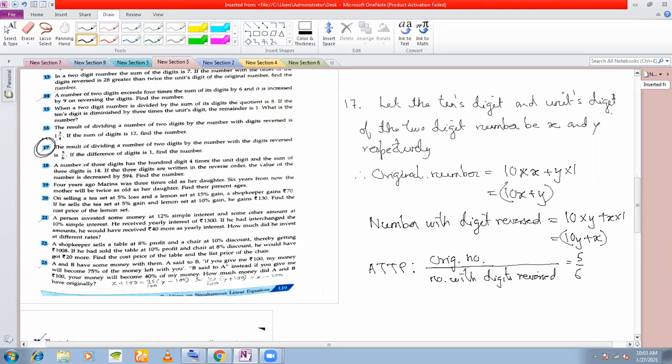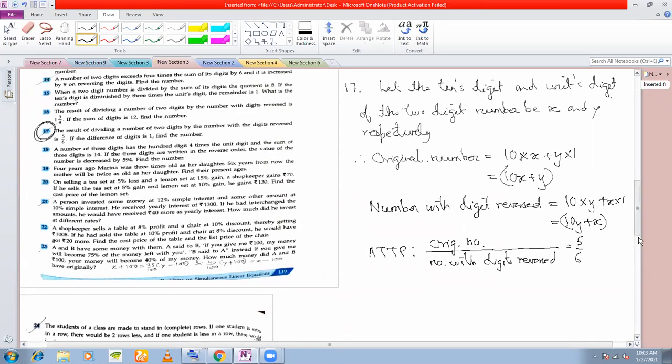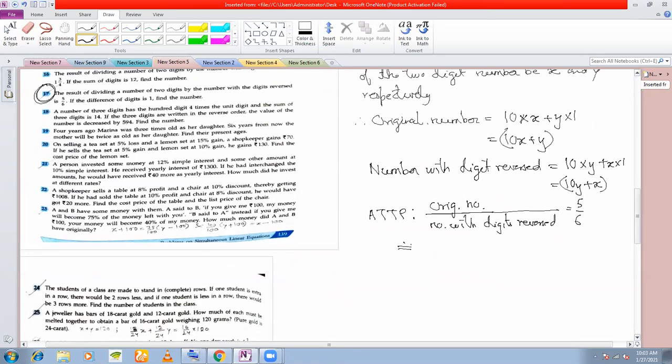This will give our first equation. Sir, here we will have to do cross multiplication, I think. Yes, 10x plus y divided by 10y plus x must be equal to 5 by 6. So now you cross multiply, get 6 times 10x plus y is equal to 5 times 10y plus x.